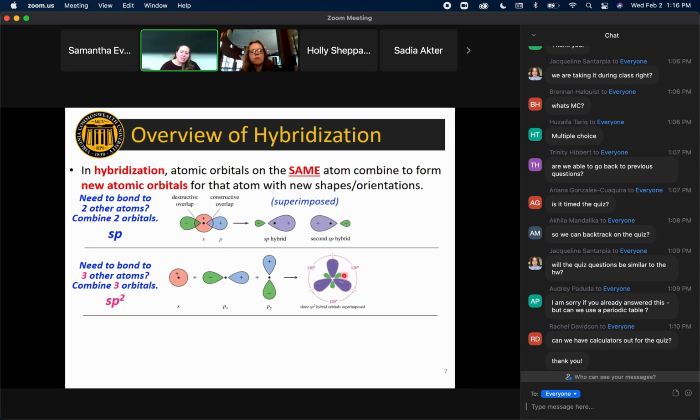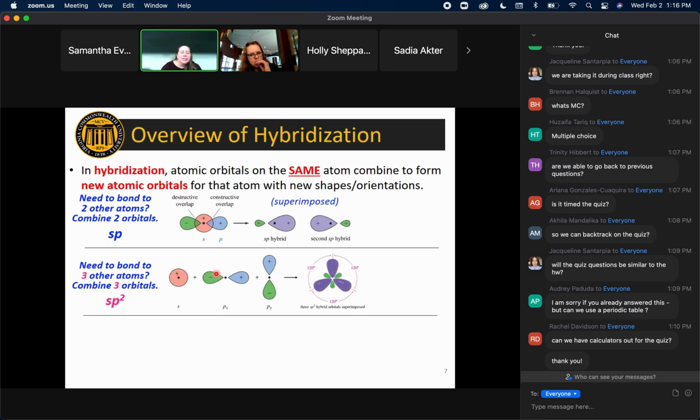Now, each hybrid orbital here has a major lobe and a minor lobe, and that is accounted for by the different phases of the p orbitals and how they intersect with each other and with the s orbital. The other thing to note here is, if you think about it, these 3 orbitals have features that came from the 3 orbitals that made them.